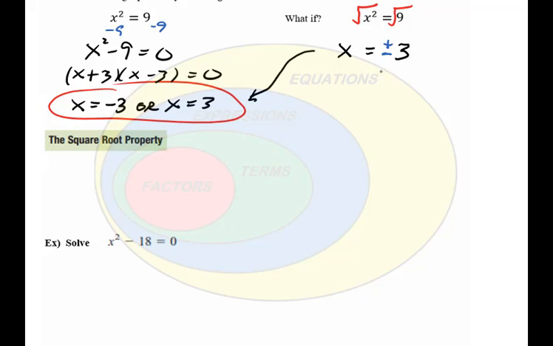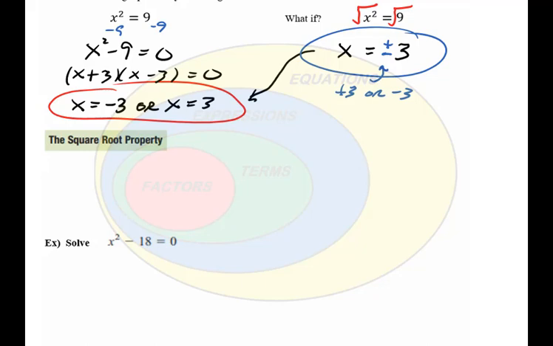This is new notation we use to symbolize plus or minus 3, so this is a +3 or -3. It's a nice, simple way to do that. If we're doing a lot of solving with square roots, we'll use the plus or minus 3 a lot.